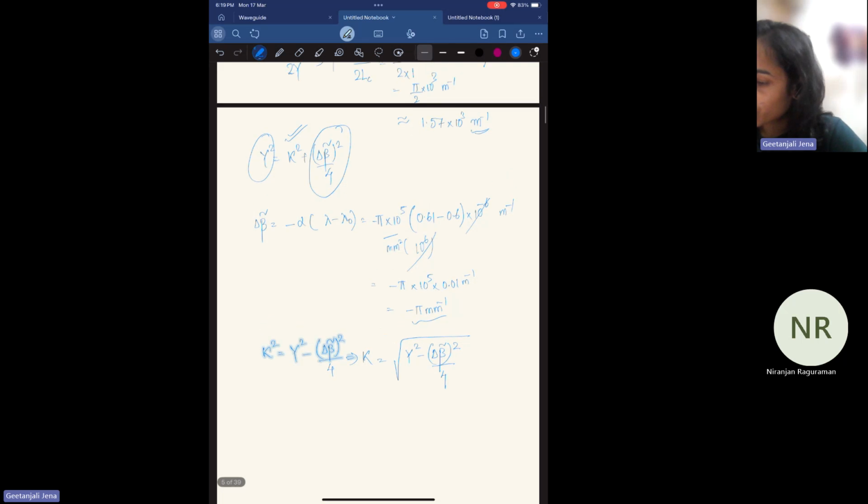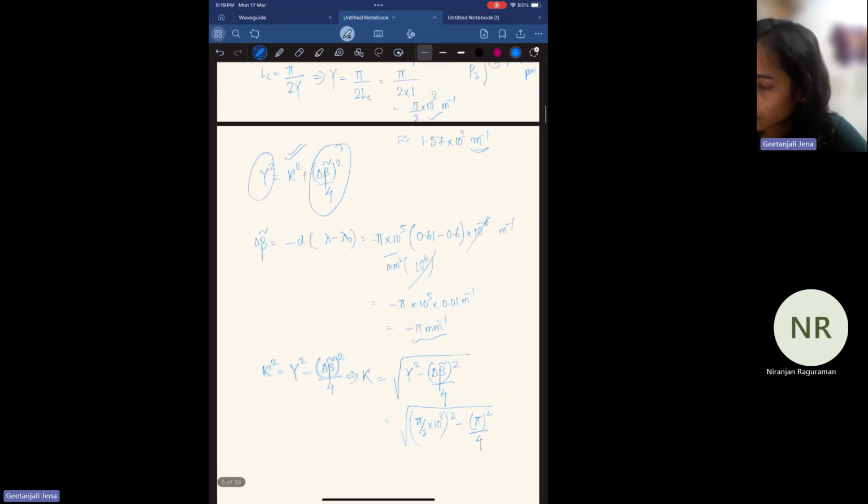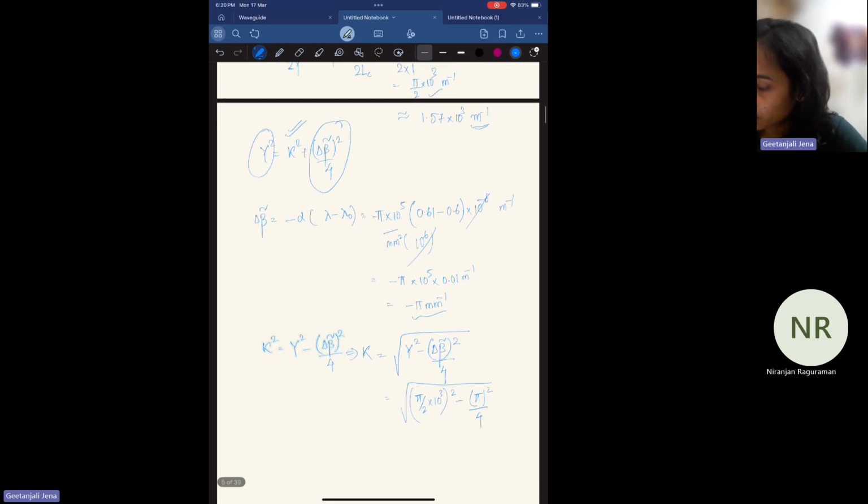So gamma is pi by 2 into 20 by 3, right? So this is pi by 2, 20 by 3 squared. Delta beta tilde is pi squared by 4. So this was in meter inverse.